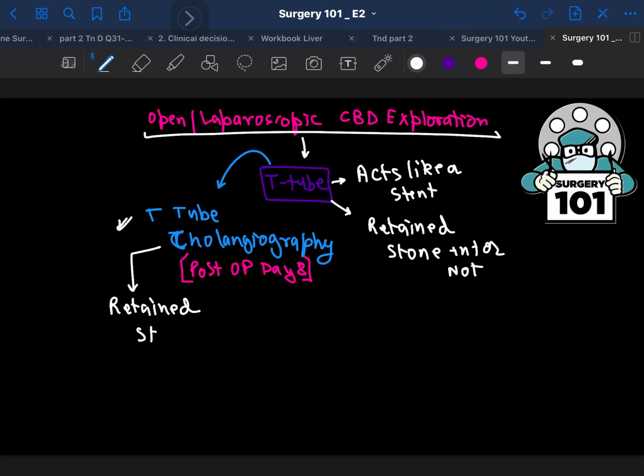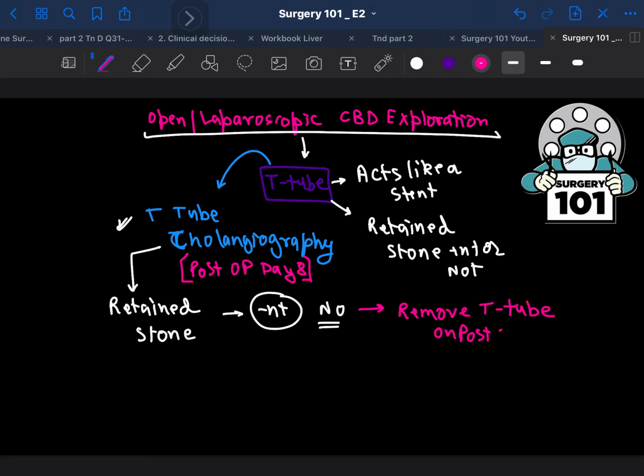If the retained stone is absent, if there is no retained stone, what you need to do is remove the T-tube. You remove the T-tube on post-operative day 10 to 12.